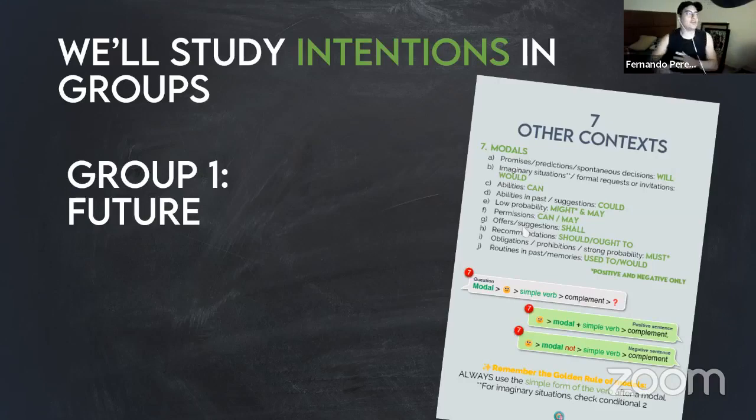But for memorization, to study, we are going to make an easy division with groups.